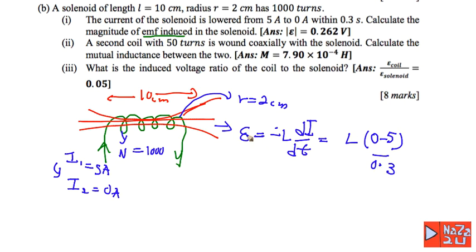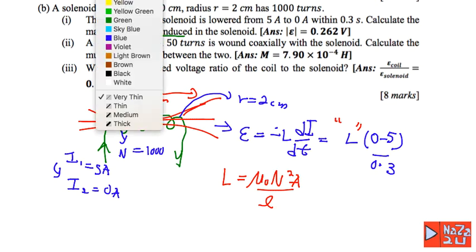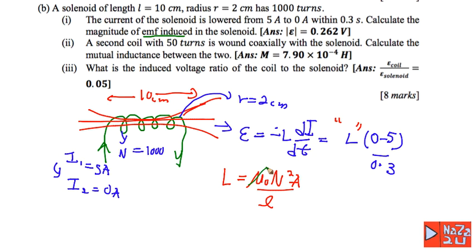Now this is the EMF, but what is the value of the inductance in the solenoid? In the solenoid, as we know, the inductance is given by the equation mu naught N squared A divided by L, right? Now you can put in the values: mu naught is 4 pi times 10 exponent minus 7, this is a constant.